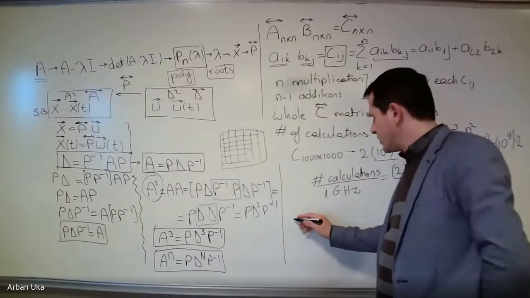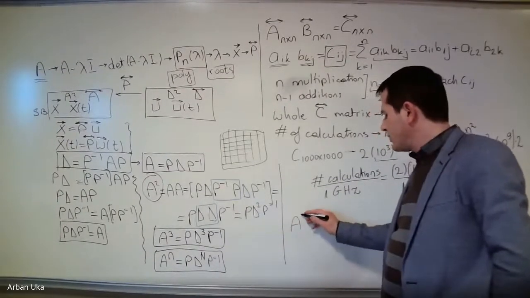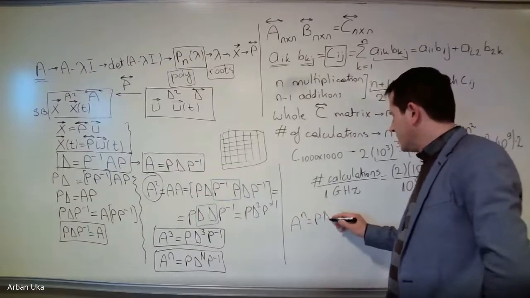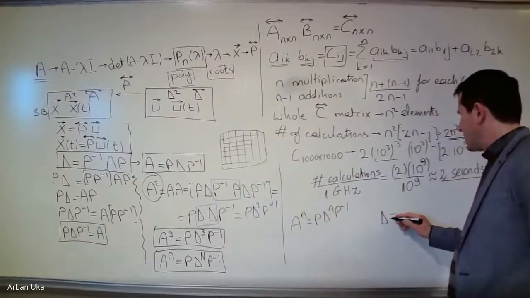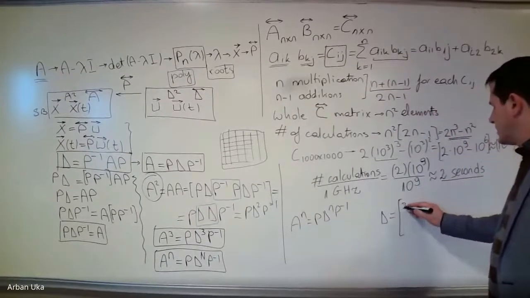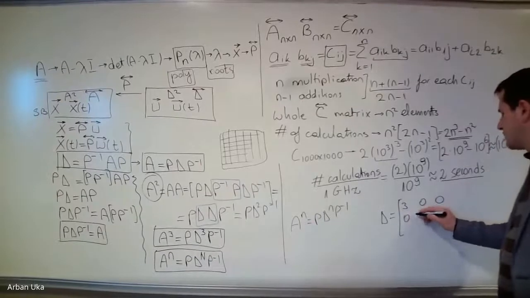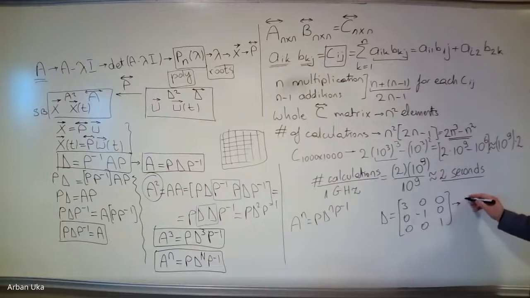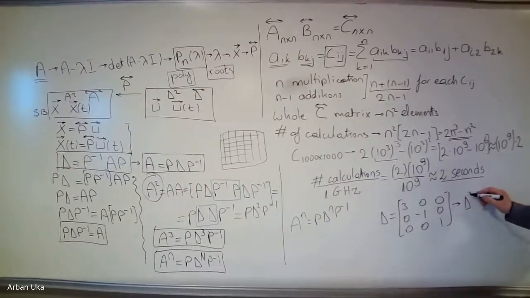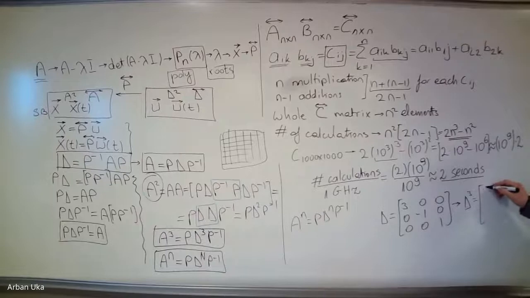But imagine for a moment, we have a matrix A to the power n, and this is equal to P D to the power n P inverse. If we have D as the diagonal matrix with 3, 0, 0, 0, minus 1, 0, and 0, 0, 1, then D cubed will simply be 3 to the power 3, 0, 0, 0, minus 1 to the power 3, 0, 0, 0, just 1.